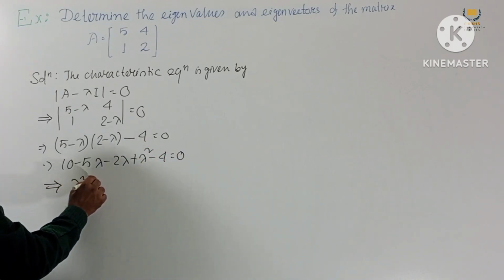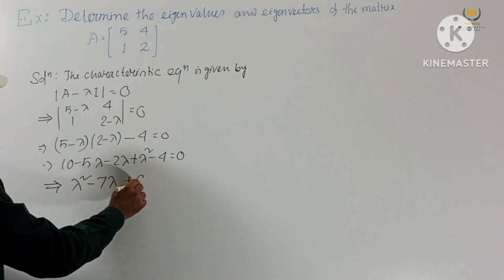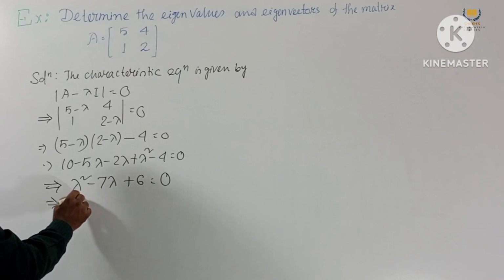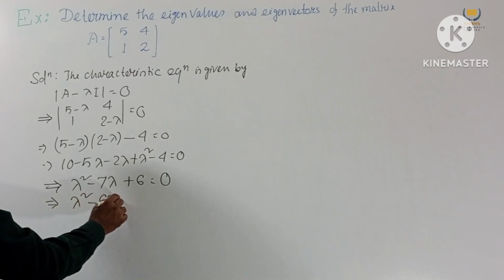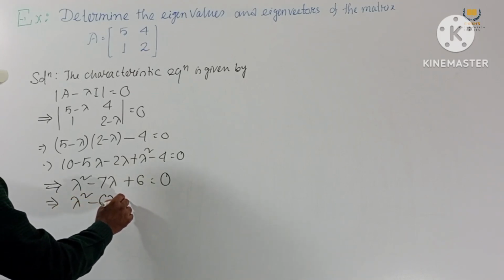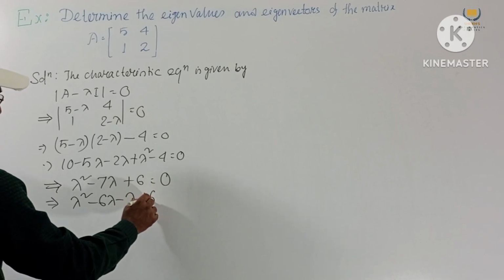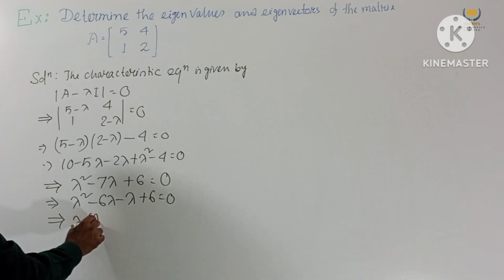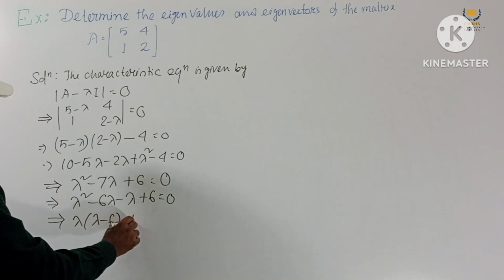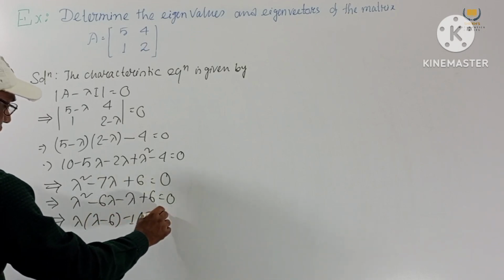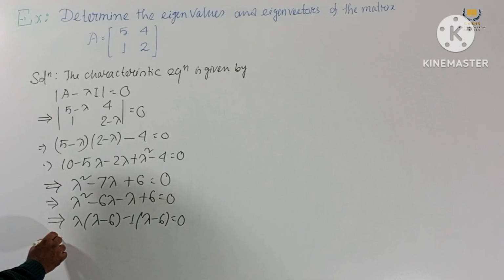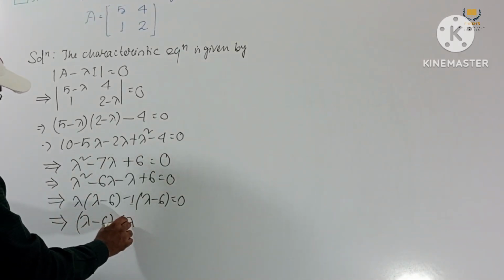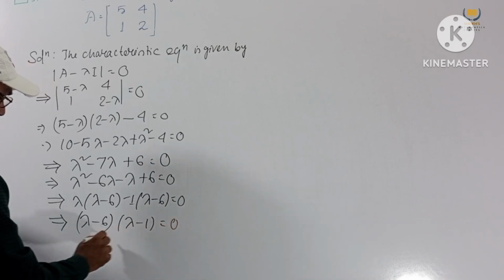So lambda square minus 7 lambda plus 6 equal to 0. This implies lambda square minus 6 lambda minus lambda plus 6 equal to 0. Lambda into lambda minus 6 minus 1 into lambda minus 6 equal to 0. Lambda minus 6, lambda minus 1 equal to 0.